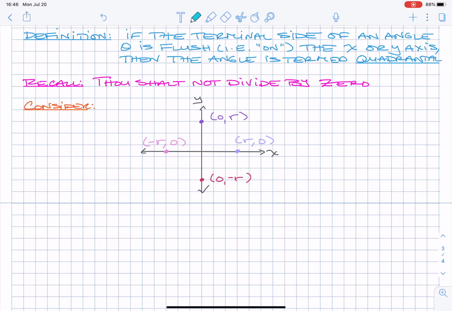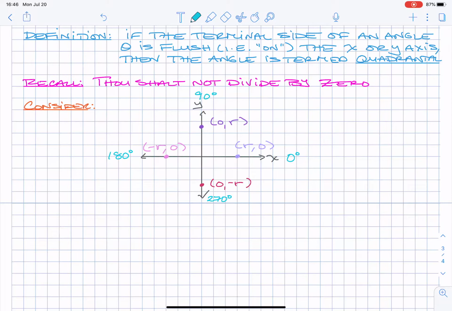The positive y-axis is 90 degrees. That's degrees from the positive x-axis. So the negative x-axis is 180 degrees. That's a straight angle from the positive x. And finally, down here at the bottom would be 270 degrees if I had enough room to write it. Okay, so hopefully that's making sense.